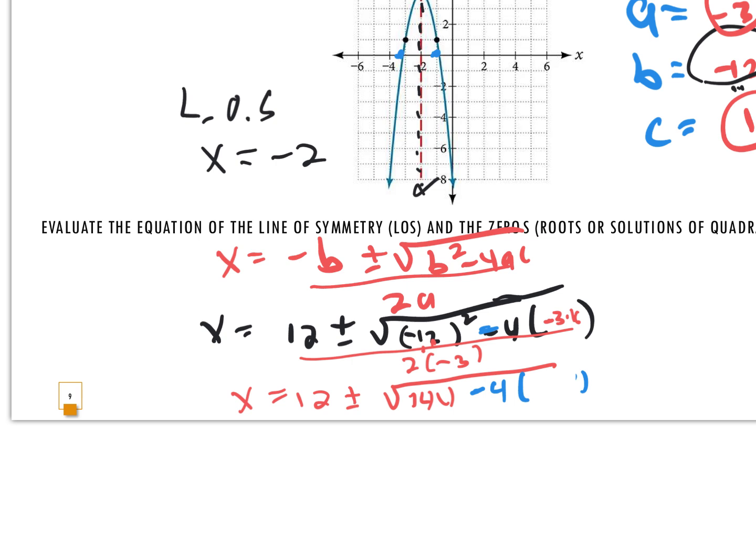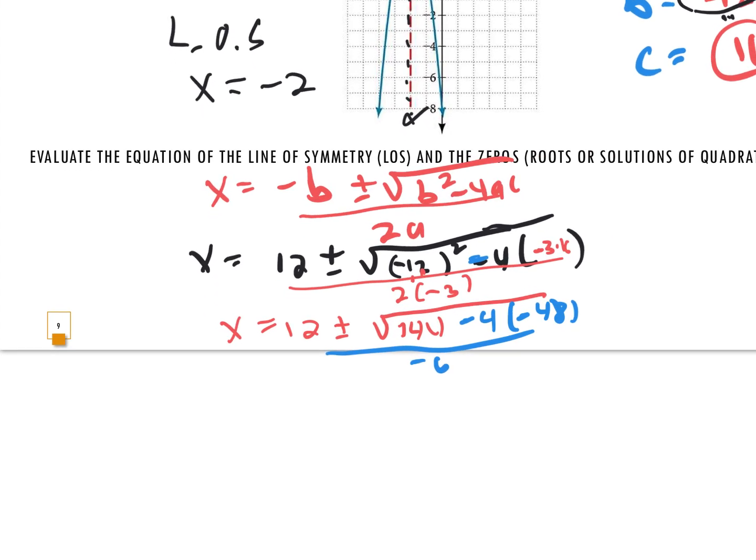You might have to use your fingers and your toes, but I think it's a negative 48. All over 2 times a negative 3, which is a negative 6. Then I'm going to say, I'm getting tired of it, 12 plus or minus the square root of 144.